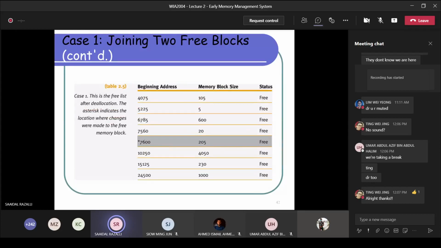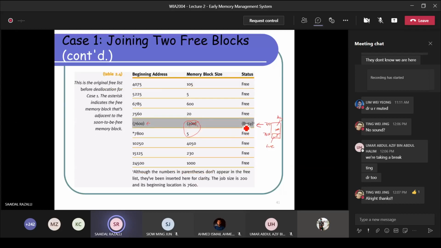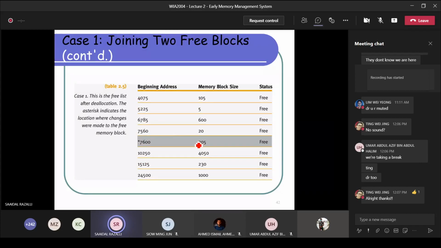So before, this 7600 is busy. After finishing job processing, it will become free again with 205, the original memory block size at the location 7600.